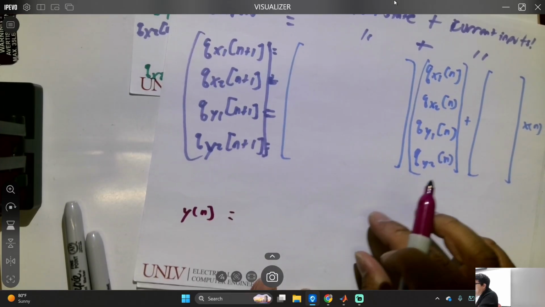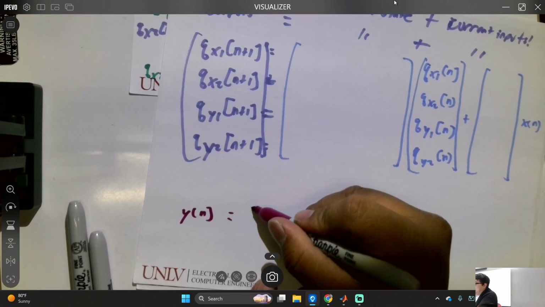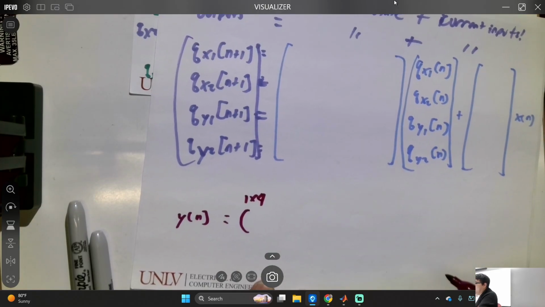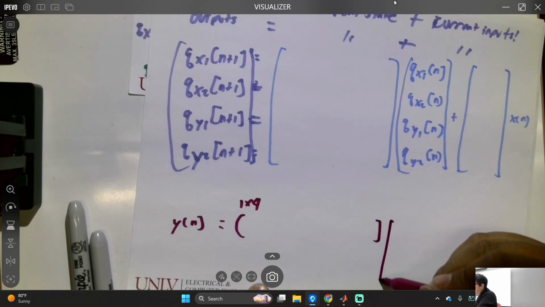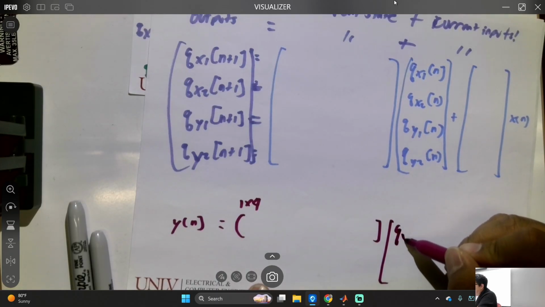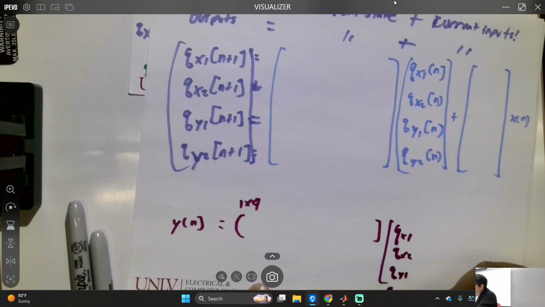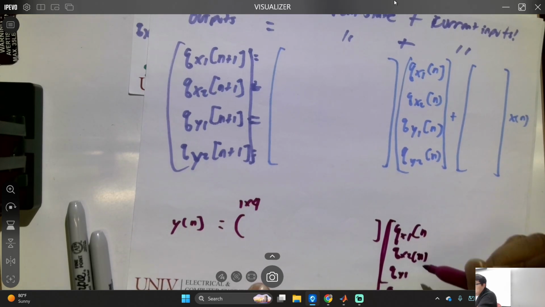But I'm going to have 4 states. So that means my C is going to be 1 by 4. Is that correct with everybody? I'll do it like this, and then you have QX1, QX2, QY1, QY2. There you go.